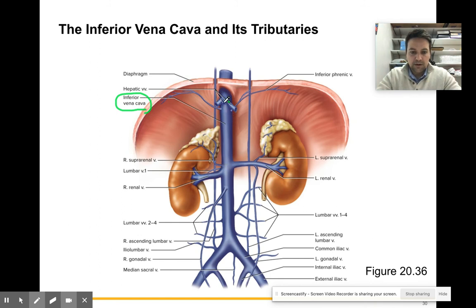That inferior vena cava is going to go down and branch off into your kidneys, and those are called your renal veins, right renal vein, left renal vein. And again, we have our iliac veins, which are going to be in the exact same portion that our iliac arteries were.